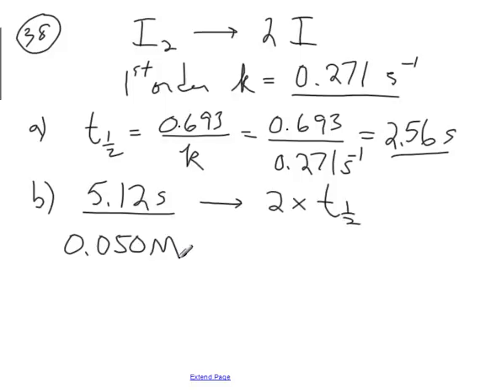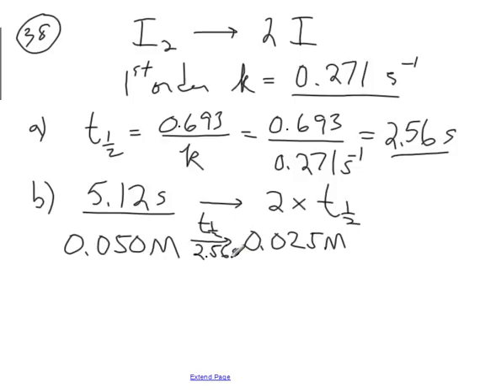You've got 2 half-lives. So after 1 half-life, you'd have 0.025 molarity. That was after 2.56 seconds, right? You with me?